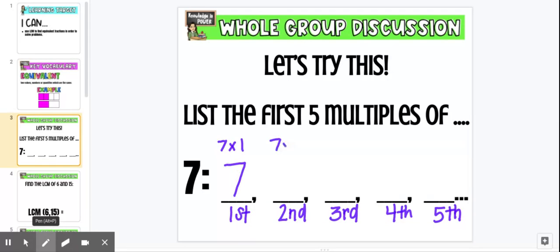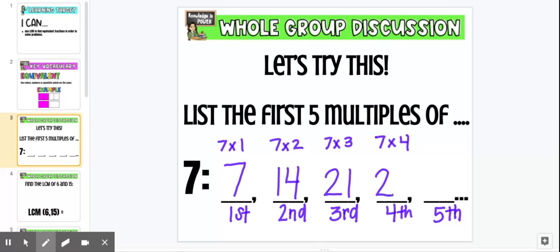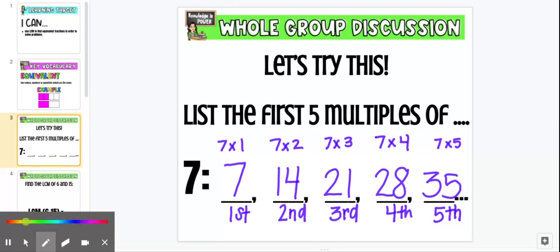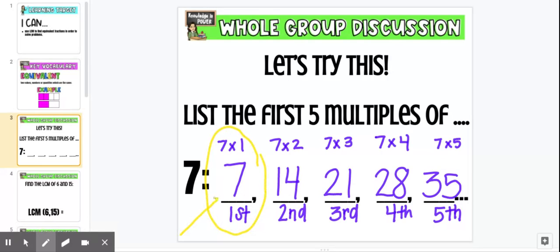Our second multiple is 7 times 2. Our third multiple is 7 times 3. Hopefully you're seeing a pattern here: the fourth multiple is 7 times 4, and our fifth multiple is 7 times 5. So make sure you do all of them, but really specifically look at this first one here. If you miss this first one, there's a chance you could miss finding the least common multiple.